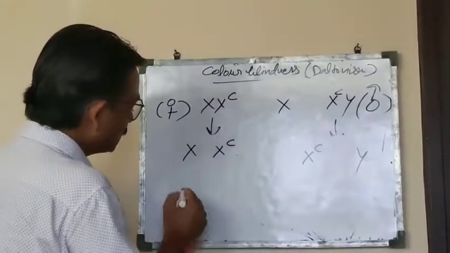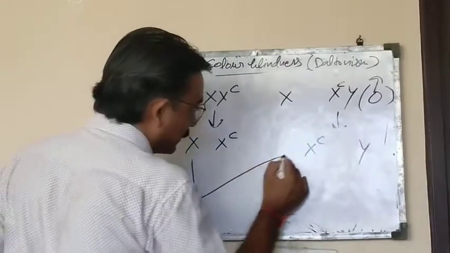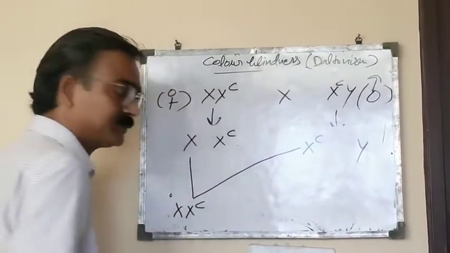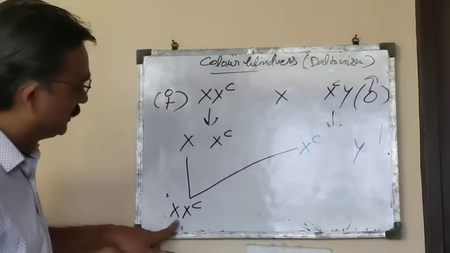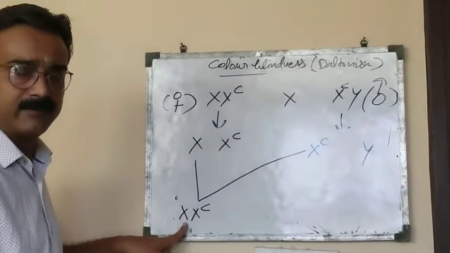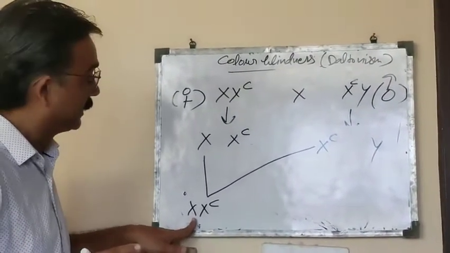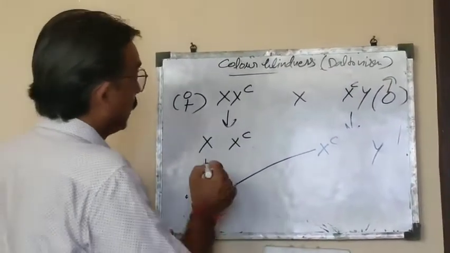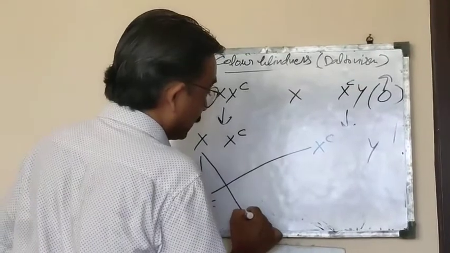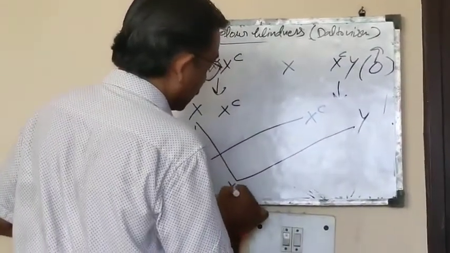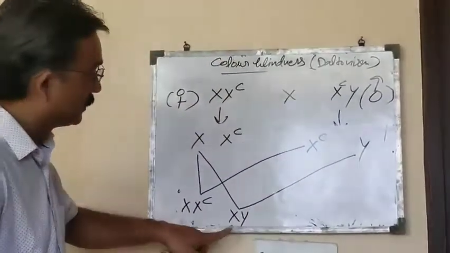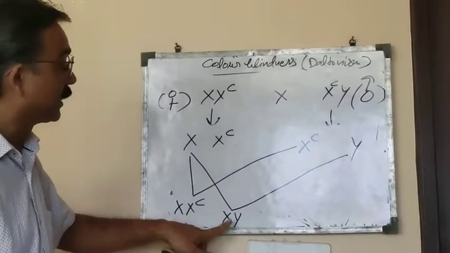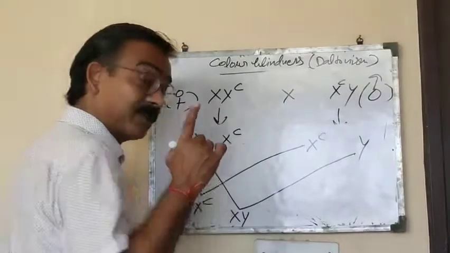Now this egg is further fertilized with this sperm. The condition will be like this. It is clear that this born female baby will act as a carrier. If this egg is further fertilized by this sperm, then the condition is like this, which means the born male baby will be normal, right?